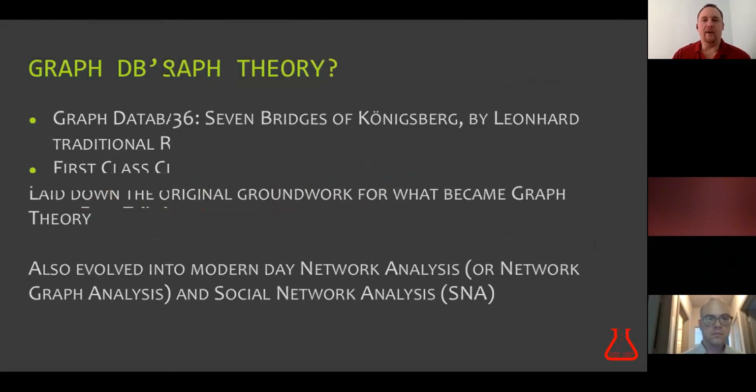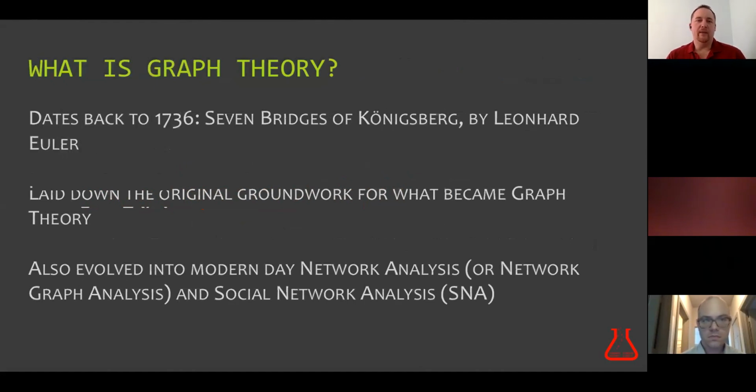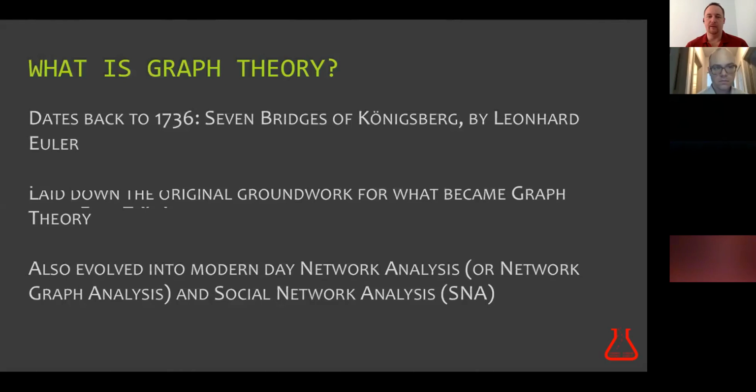And so a little bit of background. Graph theory really started with Leonhard Euler in the 1700s with the 7 bridges of Königsberg problem. He laid down the groundwork for what eventually became modern-day graph theory. And that's also evolved into social network analysis, and the literal networking sense, like what we do at CISCO, and a lot of other fields and applications.